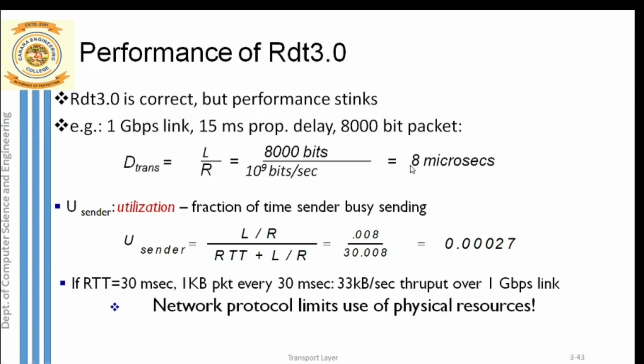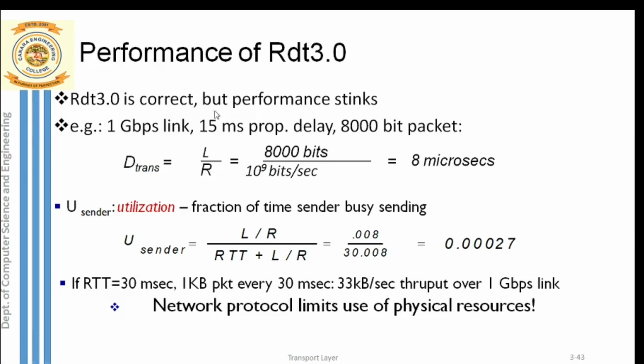But you know the propagation delay for every packet. What is the meaning of propagation delay? It is the time for the packet to travel from sender to receiver and for the acknowledgement to travel back to the sender. That propagation delay is fixed between sender and receiver.